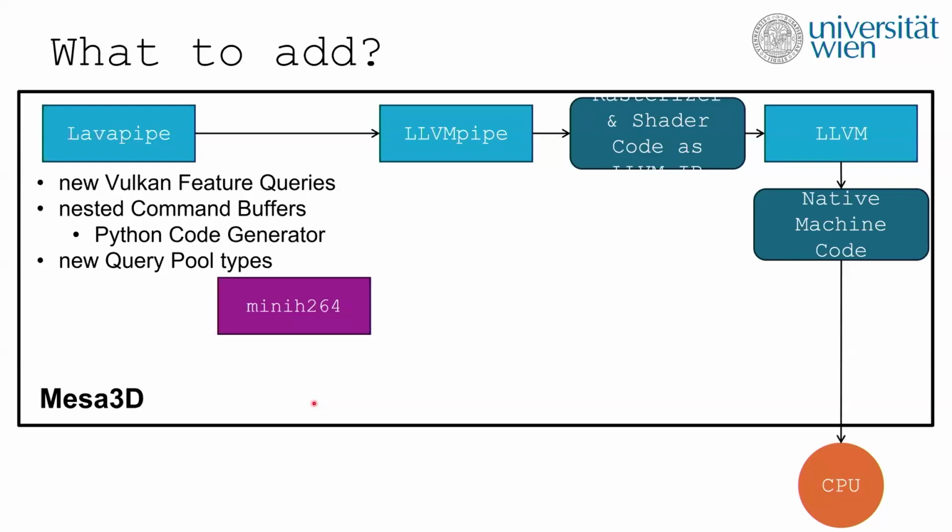So we had to extend this code generator to understand the Vulkan Video specification also. This now enables Lavapipe to understand every part of the Vulkan specification. And finally, Vulkan Video also has new query pool types, which also needed to be extended.